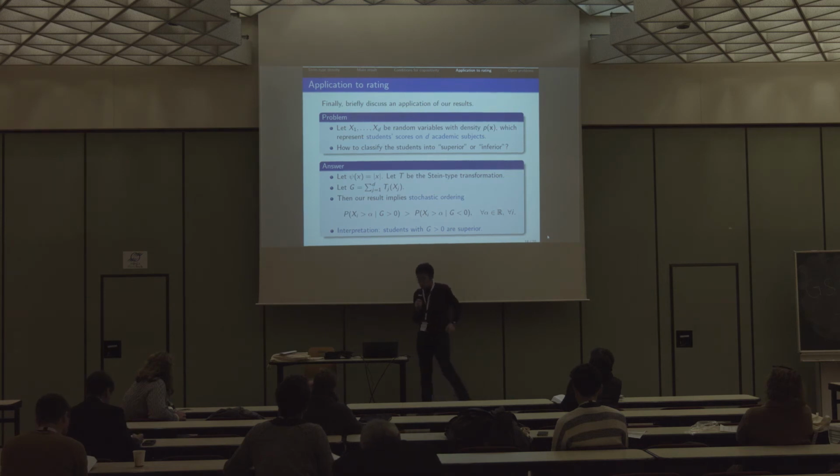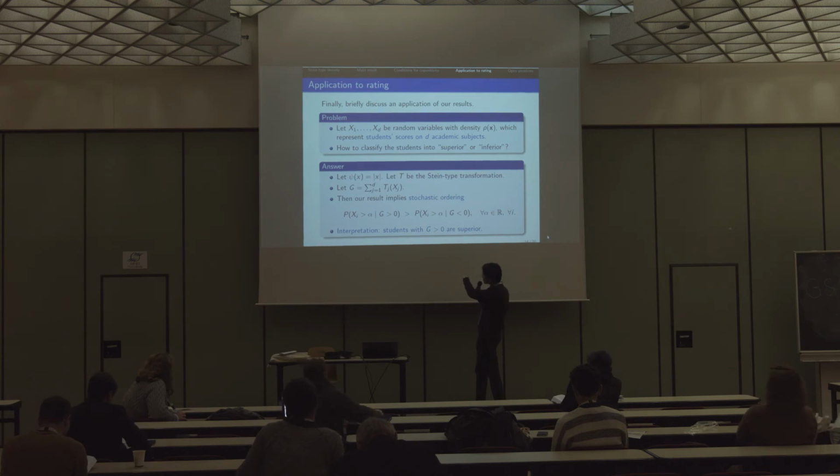Then our main result implies the following stochastic ordering property. This conditional probability is always greater than the right one. And the interpretation of this inequality is that students with larger g are superior.